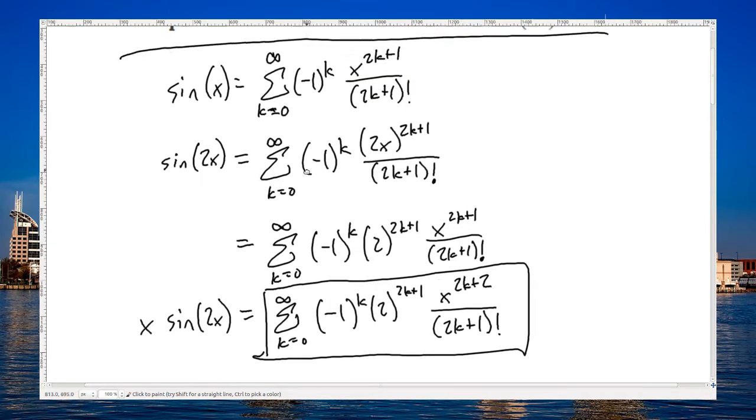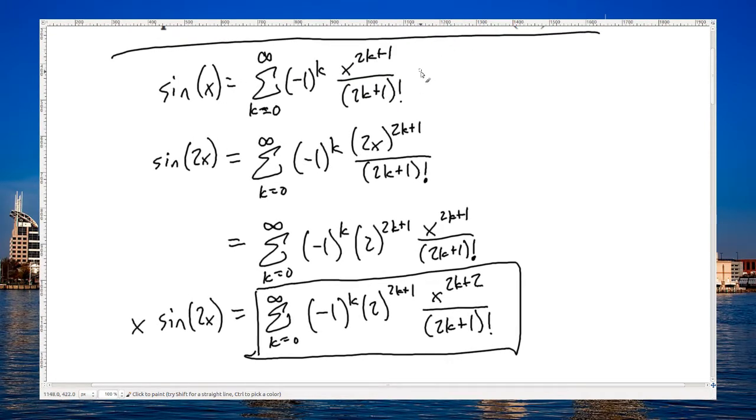But if you need the first few terms, probably the best thing to do is to go back up here and write this out. This is x minus x cubed over 3 factorial, x fifth over 5 factorial, x seventh over 7 factorial. And all we did here was we replaced all the x's with 2x's.